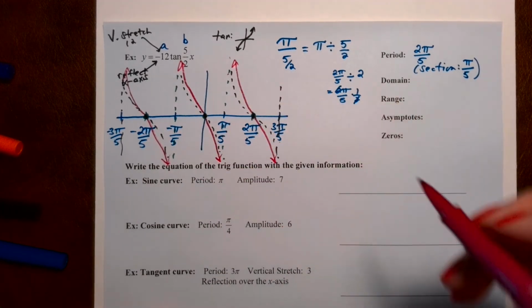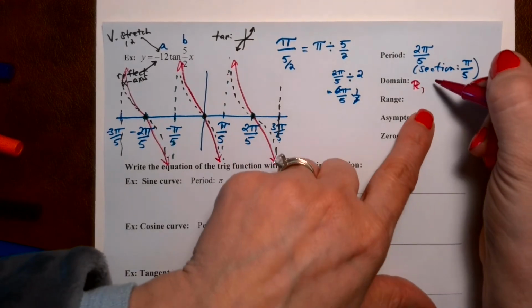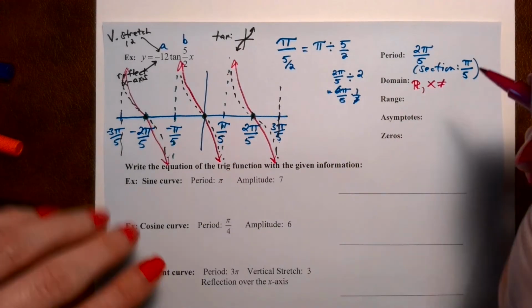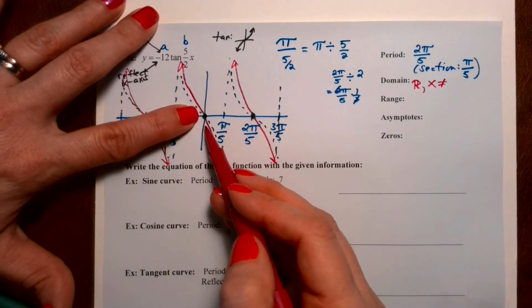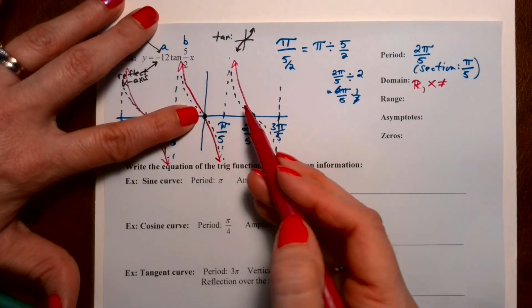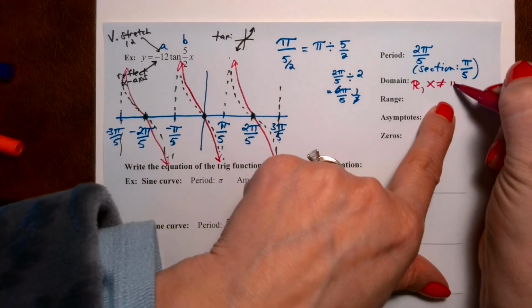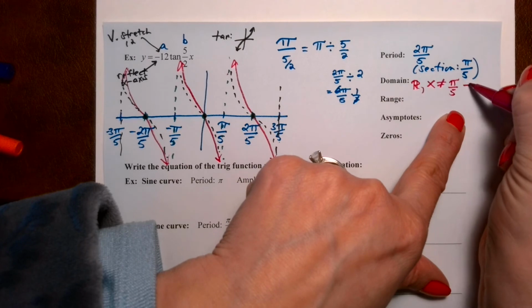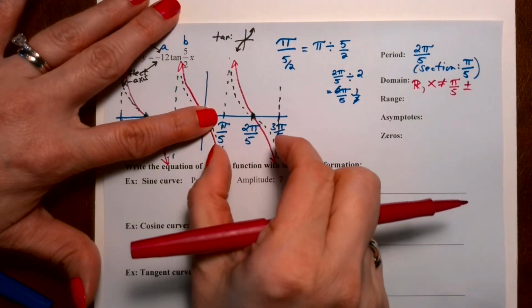Domain for tangent. All reals except, okay, there's lots of breaks. X cannot be. So you start at the y-axis. Where is the first break in the graph? Not there, so let's move to the right. The first one is at pi over 5. Pi over 5 plus or minus. Now what's the space to the next break?